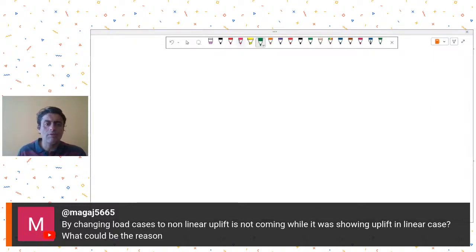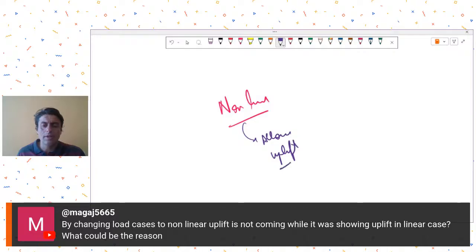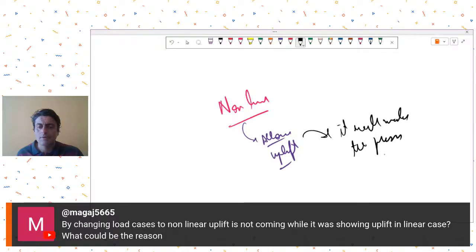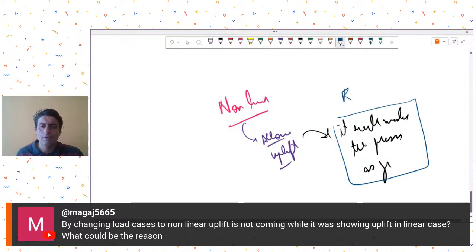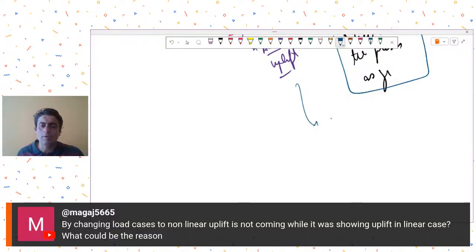In non-linear, if you set it to non-linear in SAFE, I'm assuming, and if you press allow uplift, then wherever uplift is coming, it will make the pressure zero, and in the remaining portion which is not under uplift, it will increase the bearing pressures.